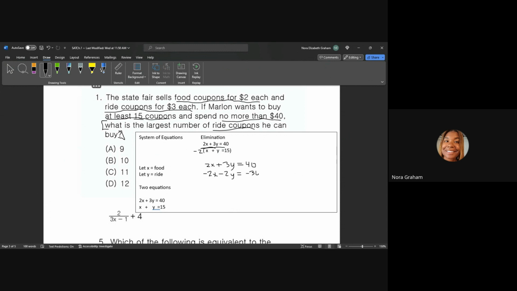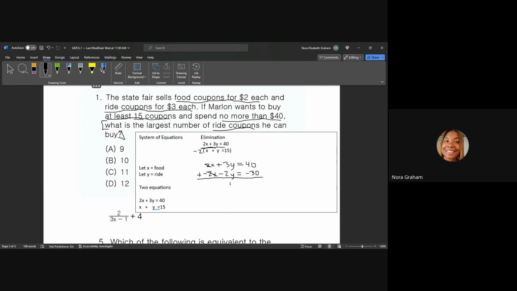After I manipulate that, now I simply add my two equations down like this. I'm always adding them, okay? So now I get what I want. 2x plus -2x just cancels out, which is golden. I just want one of my variables. Now I have 3y minus 2y.